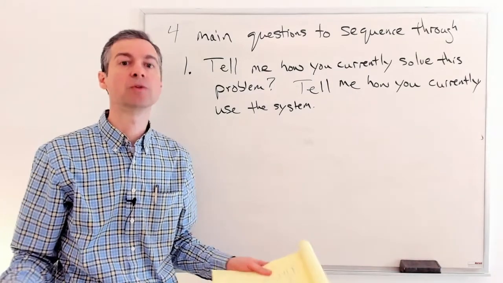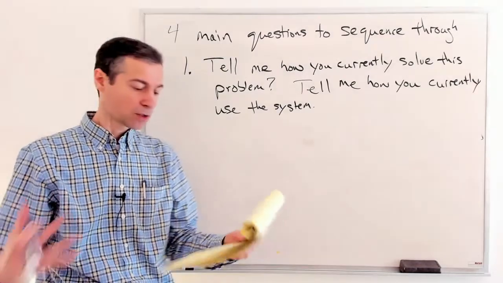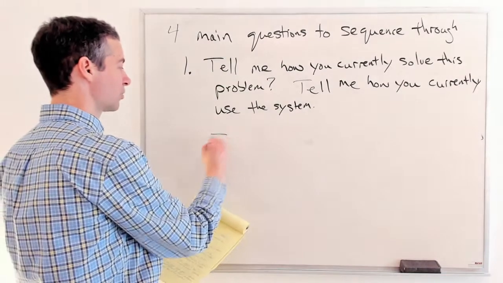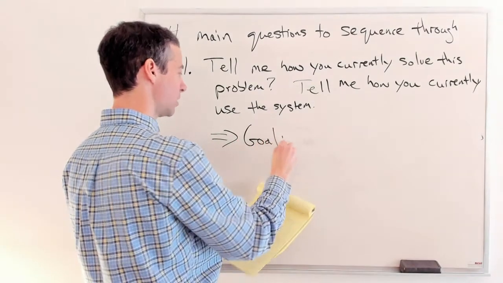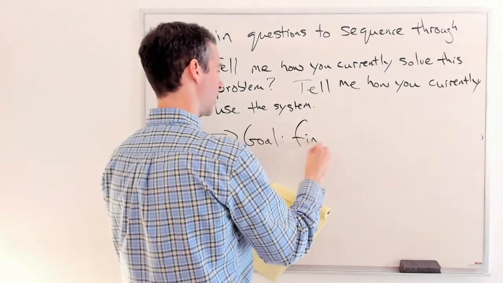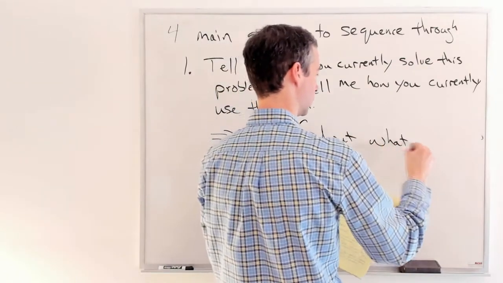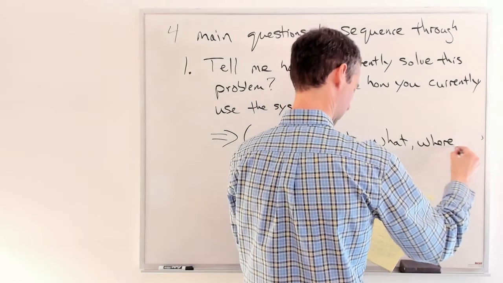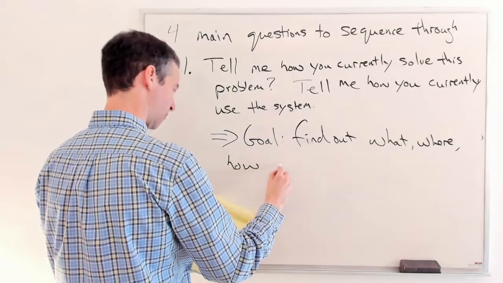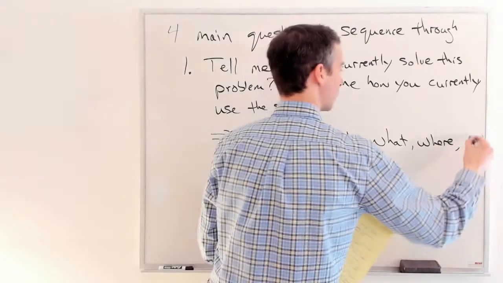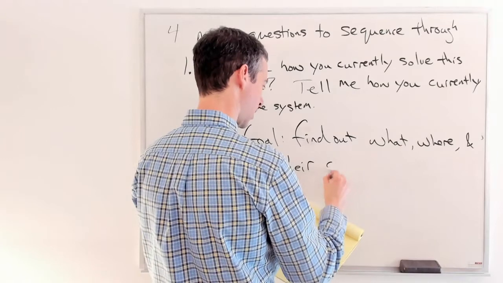Usually they're looking for improvements to their processes, improvements to the existing system. So either way, your goal at the beginning of the interview is to find out the what, the where, the how, and their current environment.